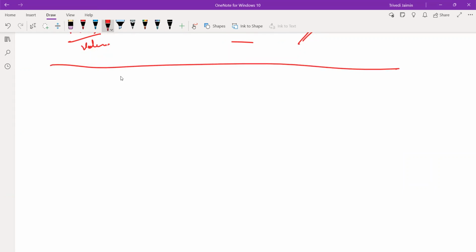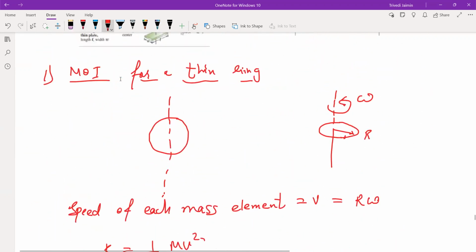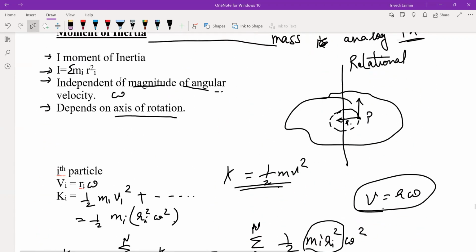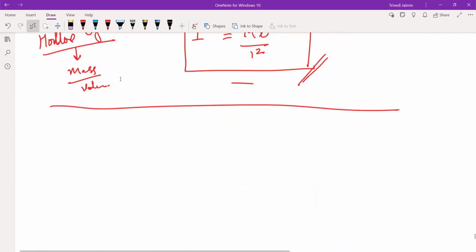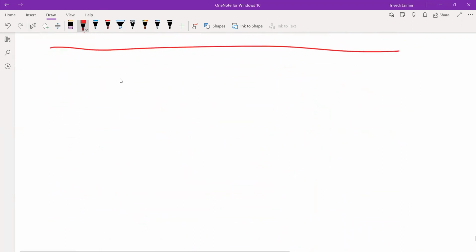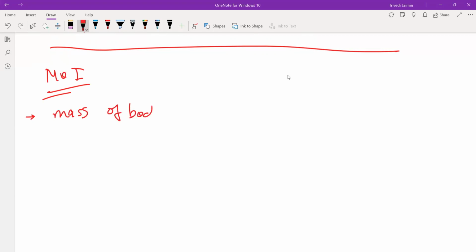Okay, so overall, whatever we saw, let's sum up. Our moment of inertia, whatever we saw, the formulas we got, let's sum up. So some points about moment of inertia. It is a mass of body, and it shows shape and size.